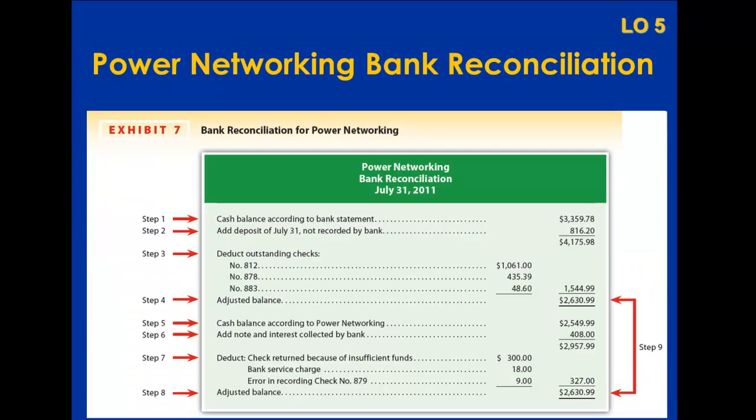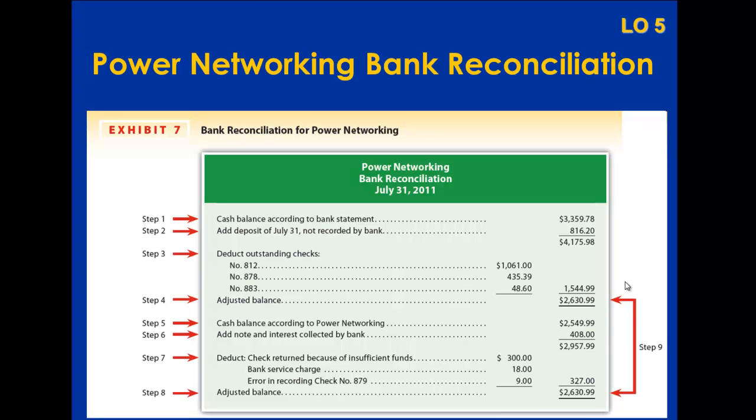Let's take a look at a slightly more complicated bank reconciliation here. We can see here, and there's steps listed for you. We begin with the amount per the bank statement and work our way through doing these various steps, and at the end we notice that we have to have our adjusted balances that equal.